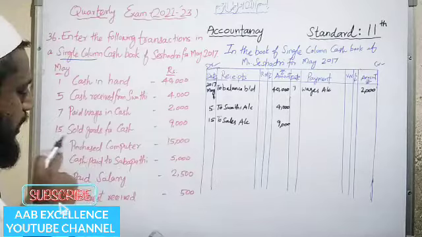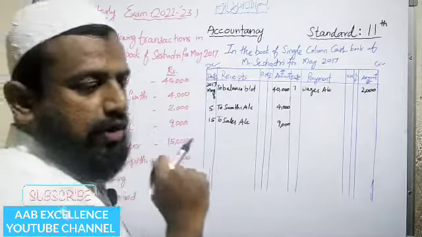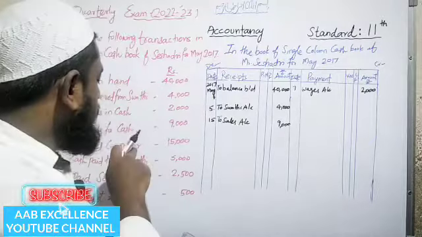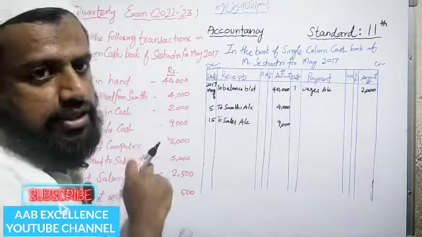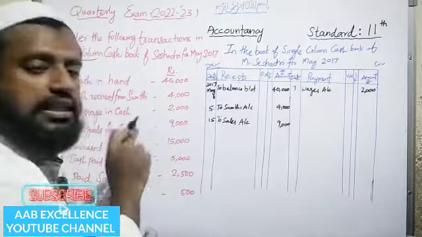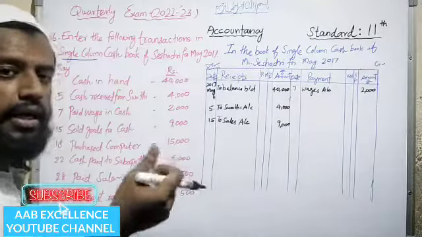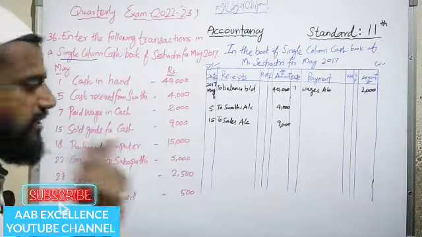The next, date 18, purchase computer. We have to purchase the computer for cash. If it is a credit transaction, they will mention credit. They have not mentioned credit, so we have to consider it a cash transaction.